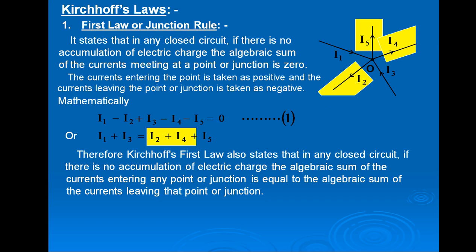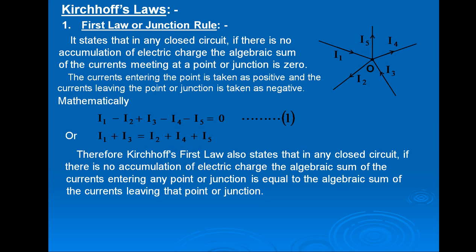That is, the total current entering any junction in a closed circuit must equal the total current leaving that junction.